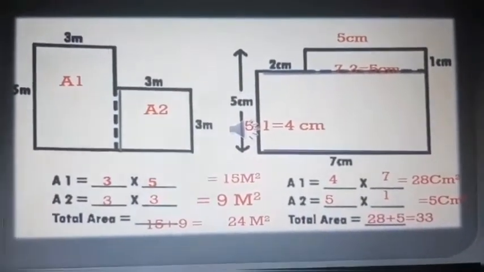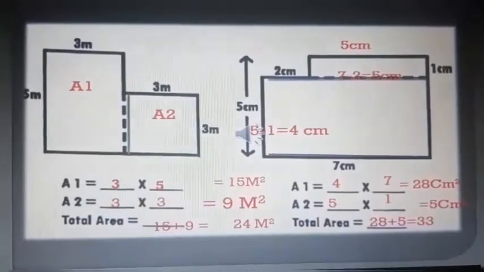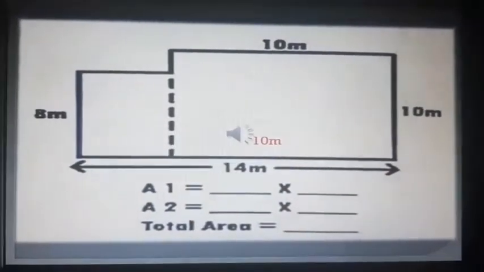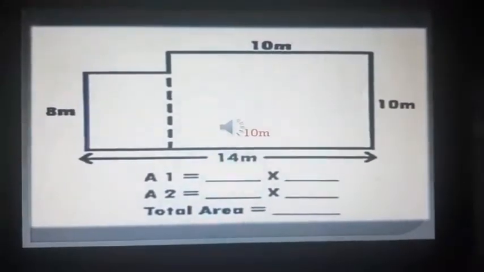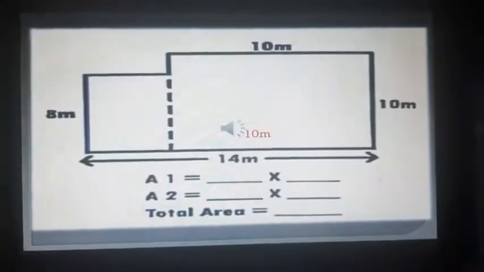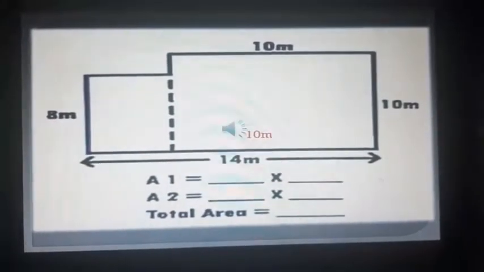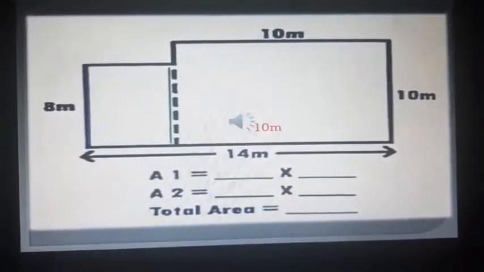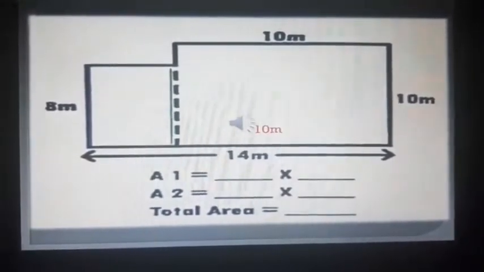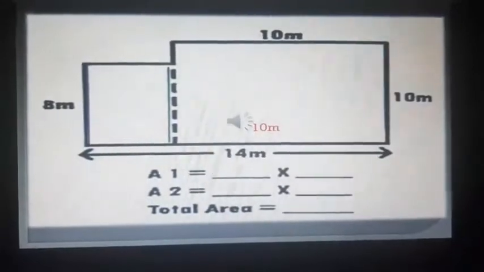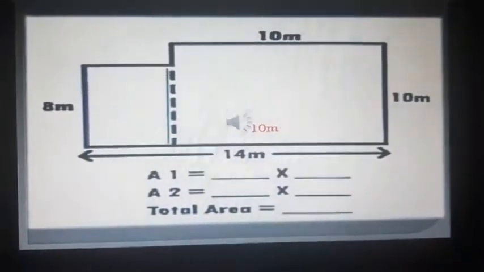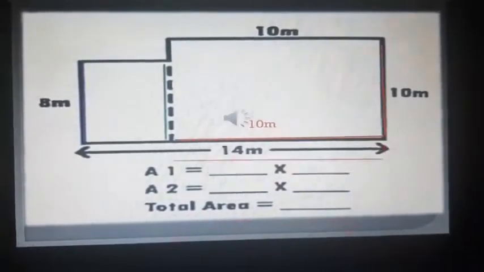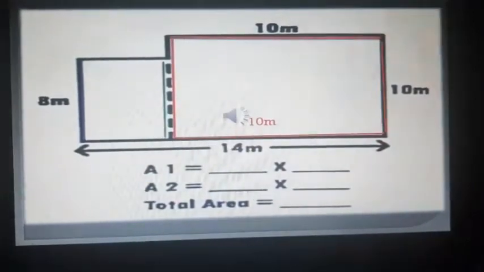Okay, another one. I have this complex shape. Again, make a line to divide it into regular shapes. With this line I divided it into shapes. In the first one, the four sides equal 10.